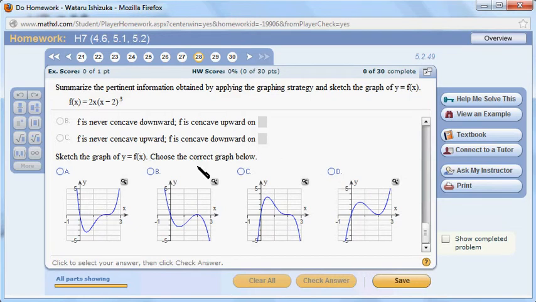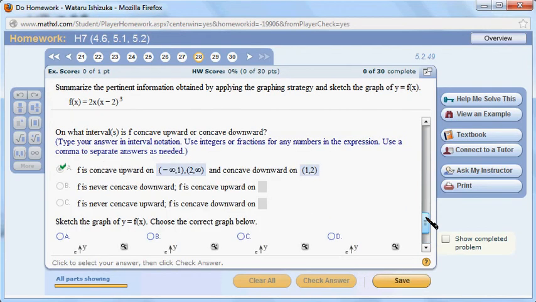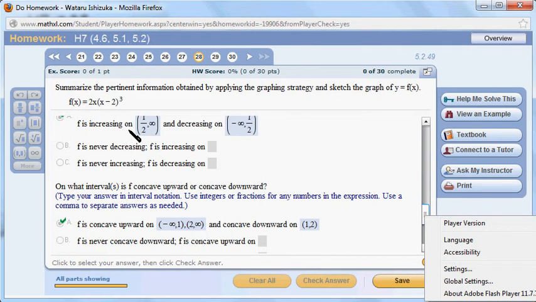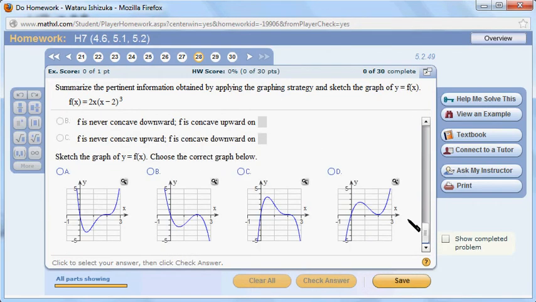Alright, then we need to pick the correct picture. Alright, so let's go back to the previous answer here. Alright, so we know that, let's see, increasing on the interval from 1/2 to infinity, and decreasing from negative infinity to 1/2. So it's decreasing, after that it's increasing. Right, let's see if we have that.